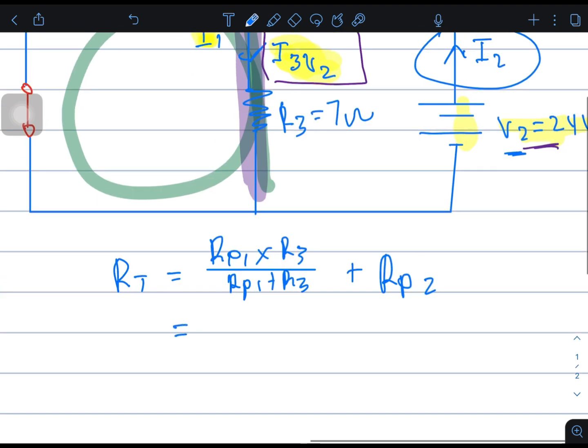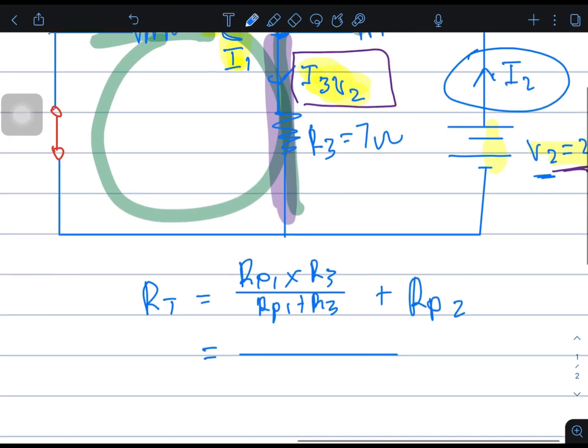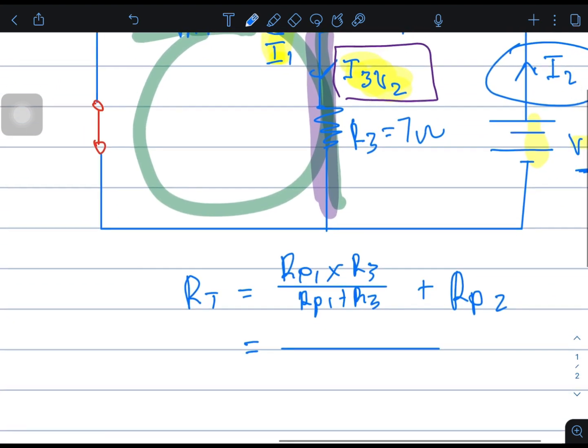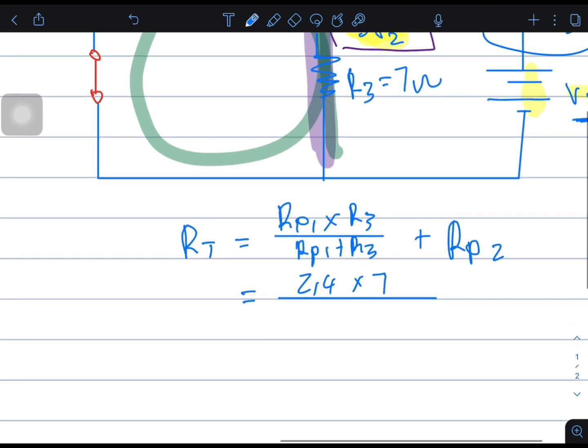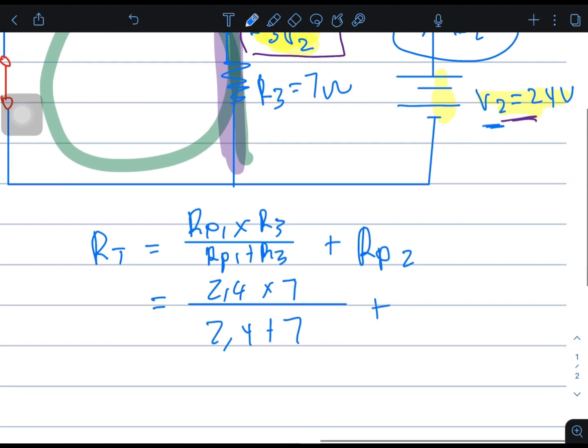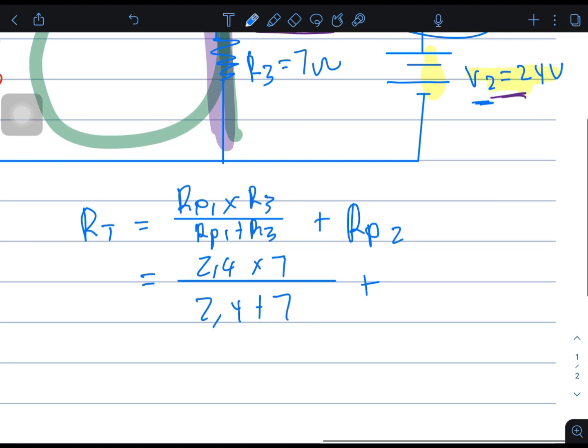Let's find the answer. R parallel 1 is 2.4 times 7 over 2.4 plus 7, plus R2, 1.5. Then we find RT.